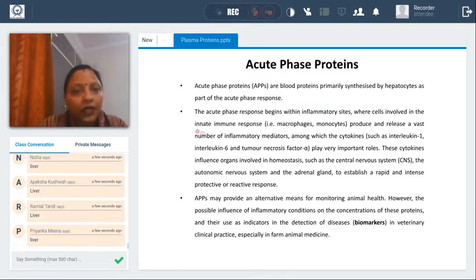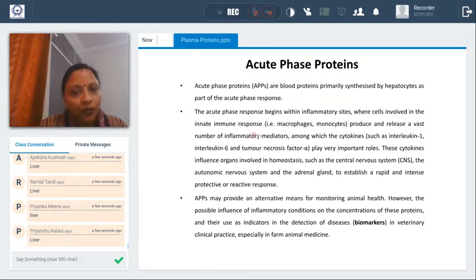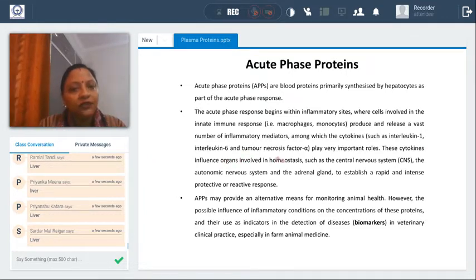Okay, good. The acute phase response begins within inflammatory sites where cells involved in the innate immune response, macrophages and monocytes, as you all know, produce and release a vast number of inflammatory mediators, along with cytokines such as interleukin 1, interleukin 6, and tumor necrosis factor alpha.